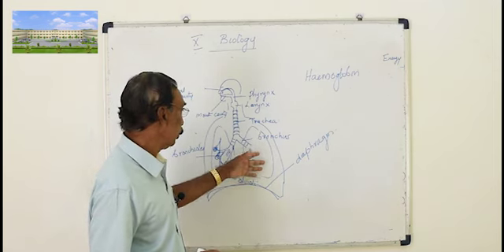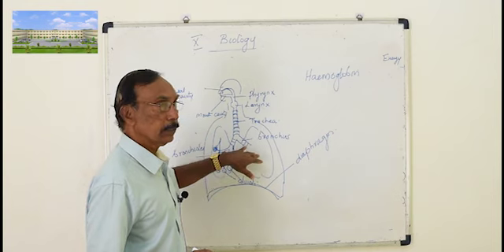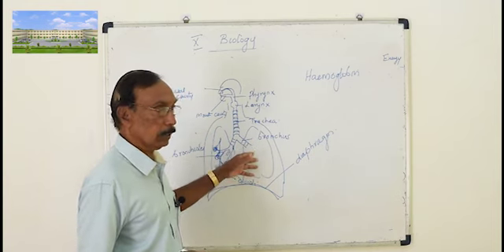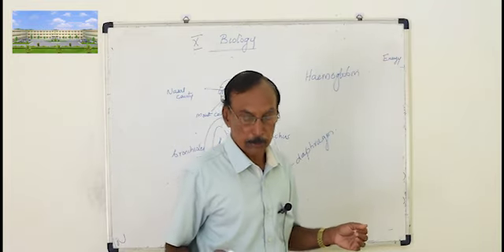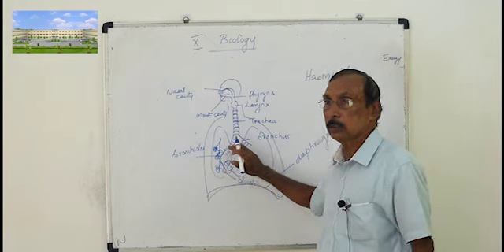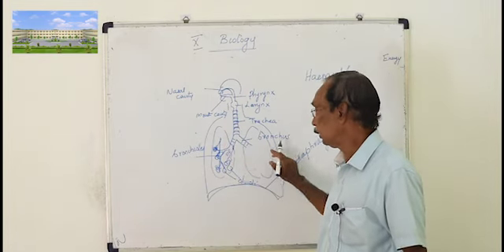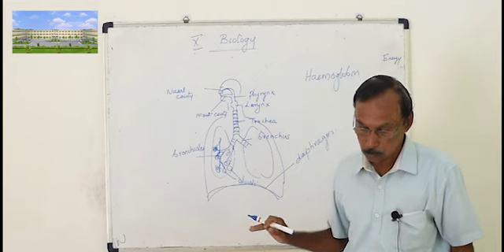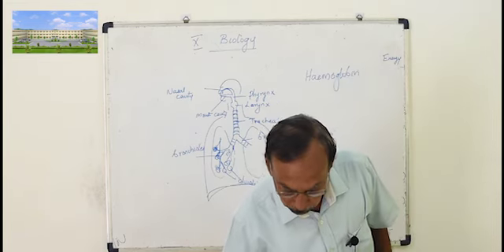The whole air will not go out, and the air that always remains in the lungs is called residual air. So what is residual air? The air that is present in the lungs even after breathing out is called residual air. So this is how respiration takes place in a human being.